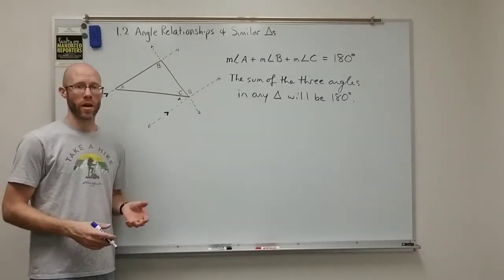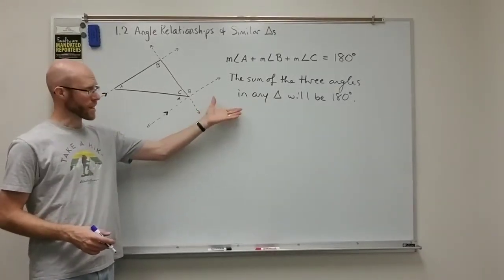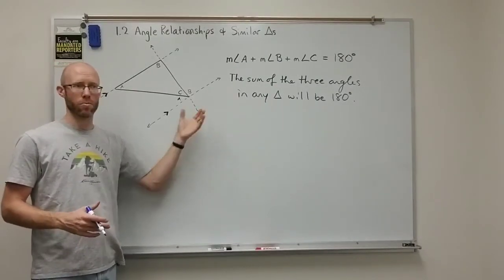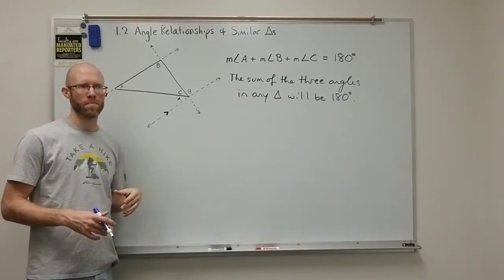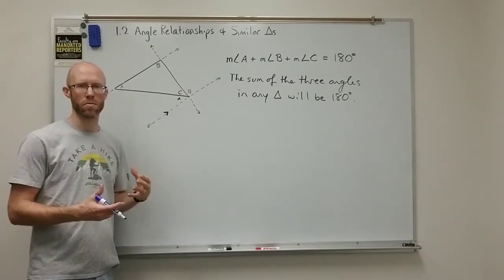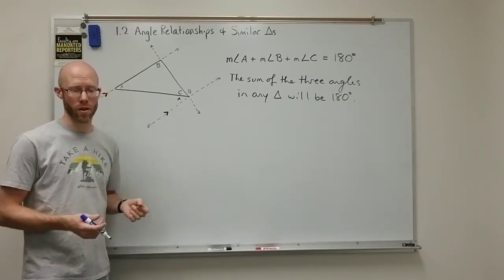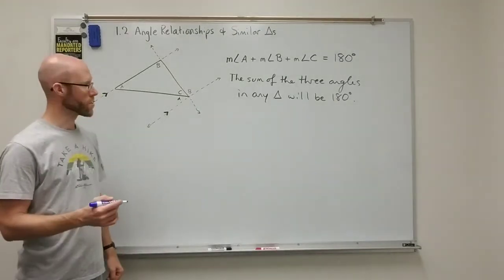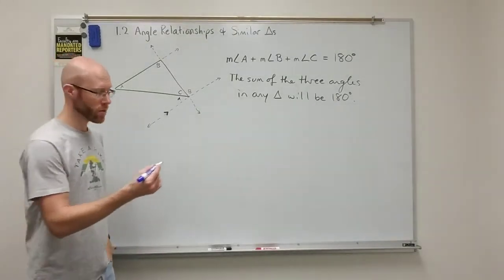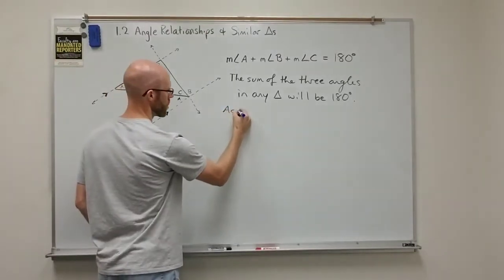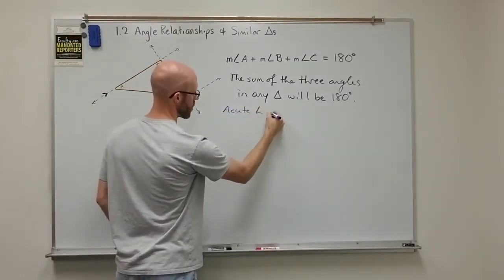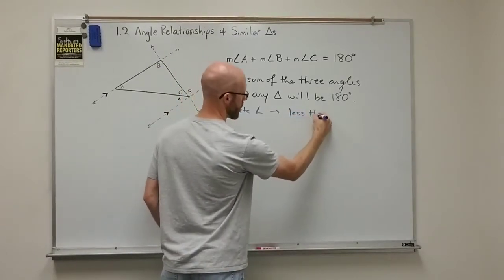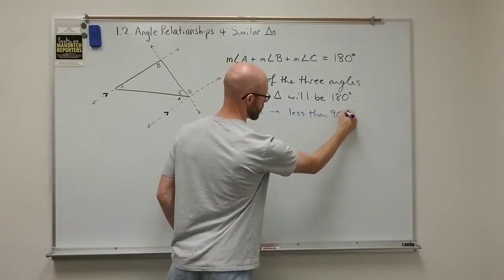So once we know that, like I said, we can use this fact to build other ideas or theorems regarding triangles. Okay, so we'll give you a couple definitions here. First one is an acute angle is one that is less than 90 degrees.